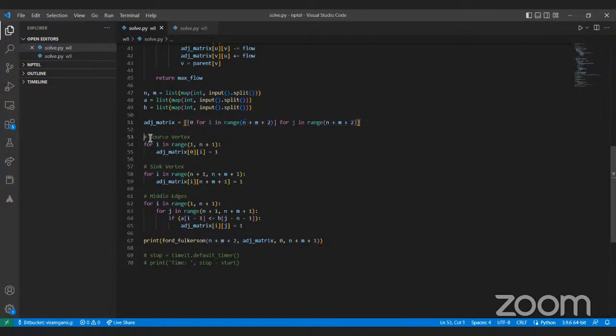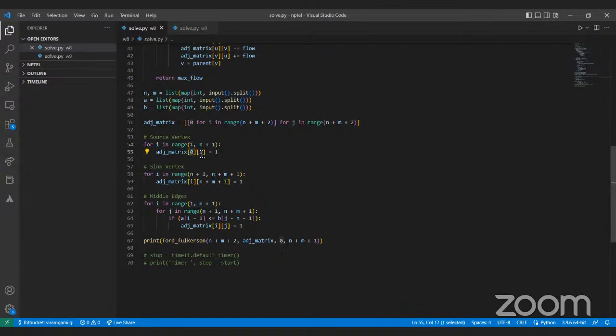Now this for loop will add the edges from the source vertex to the first partition. So I'm going from 1 to n plus 1. The vertices numbered 1 to n represent the first partition, and vertex 0 is the source vertex.